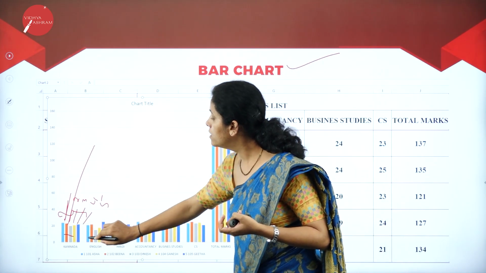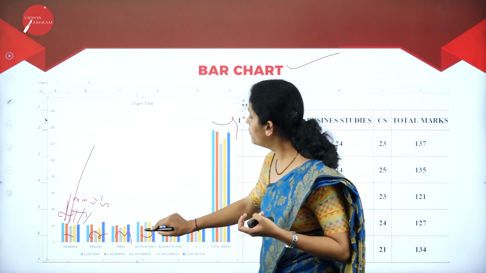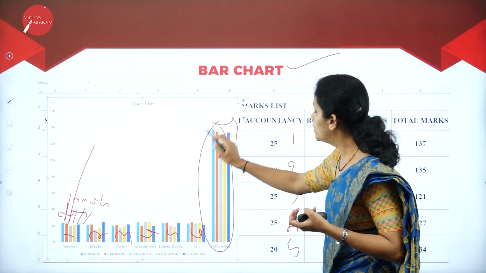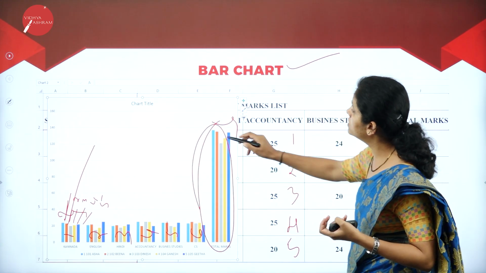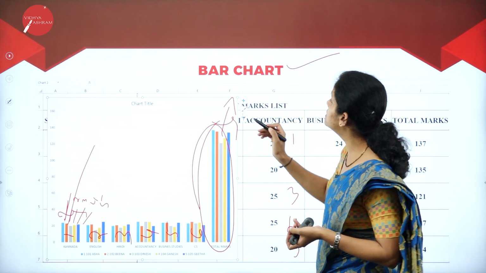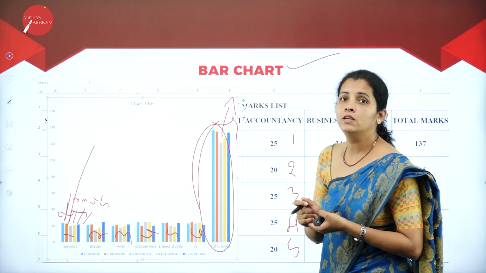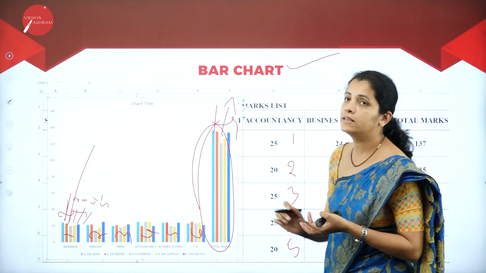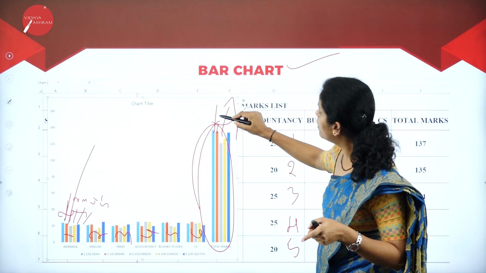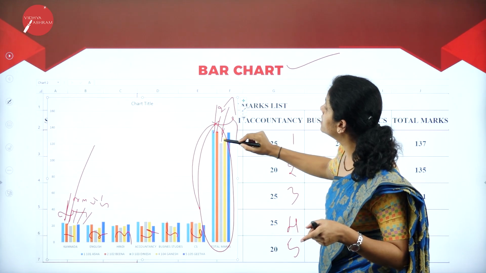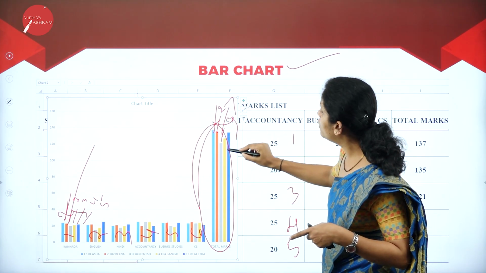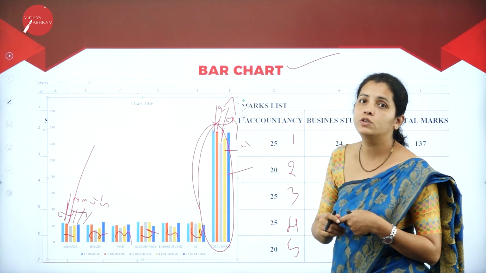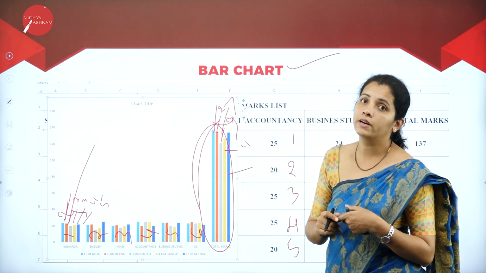That is 1, 2, 3, 4, 5 and 6 subjects, and I have total marks. So this is the total marks the individual student scored. Here blue is used to represent the first record, orange the second record, grey the third record, yellow the fourth record, and dark blue the fifth record.